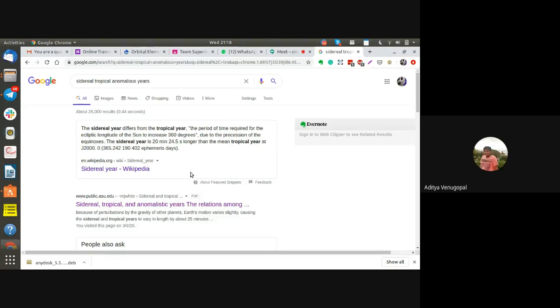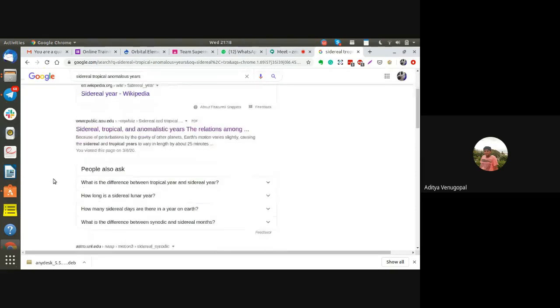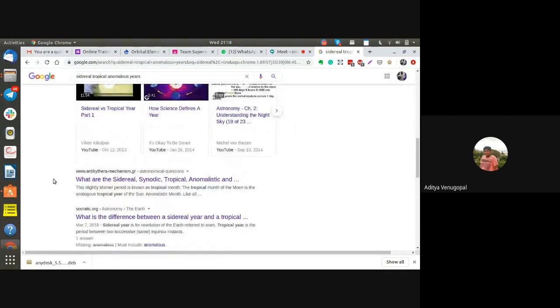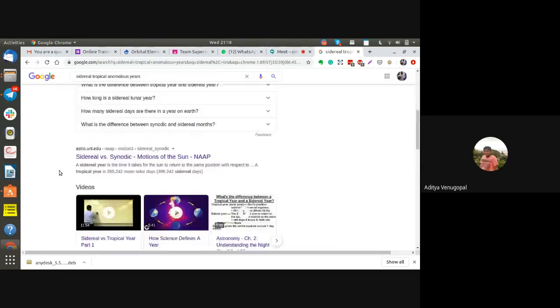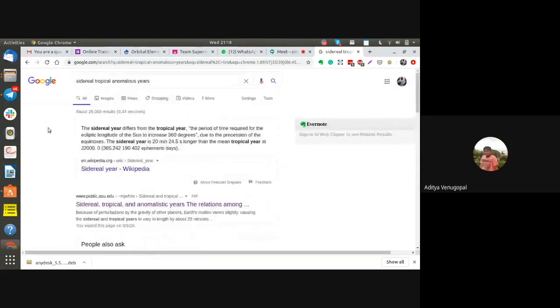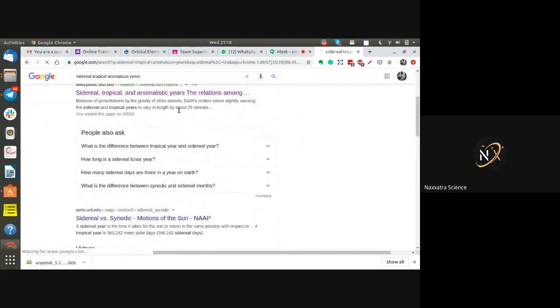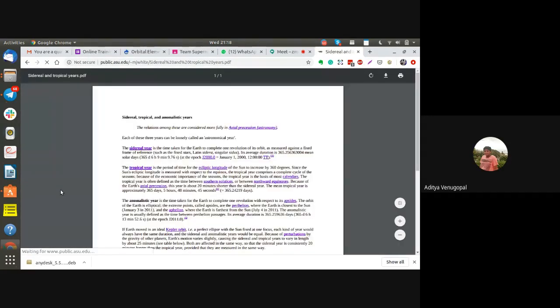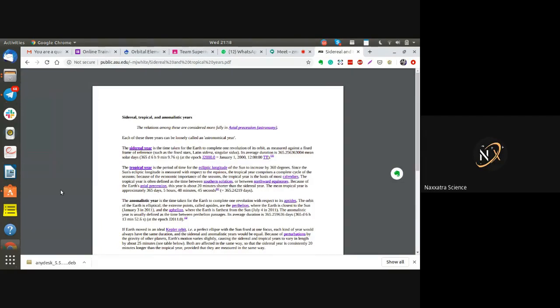So why is a tropical year different? A tropical year means time taken from an equinox to another equinox. Okay, that's good enough. Actually, you are wrong about sidereal; that is actually the definition for tropical.